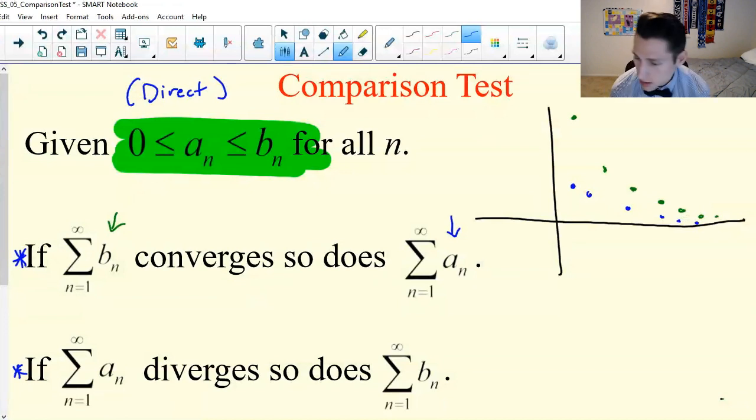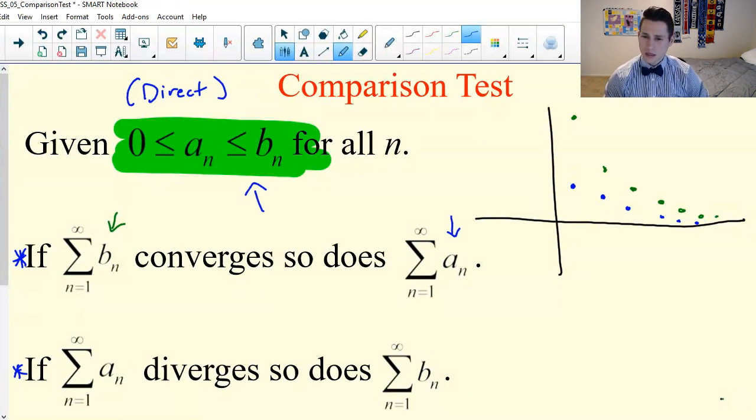We can see that the blue dots are always less than the green dots, at least for each term. Assume they were all perfectly lined up. I kind of botched it on this second one. The blue dots are always less than the green dots. That's the sequence part: an is less than bn.